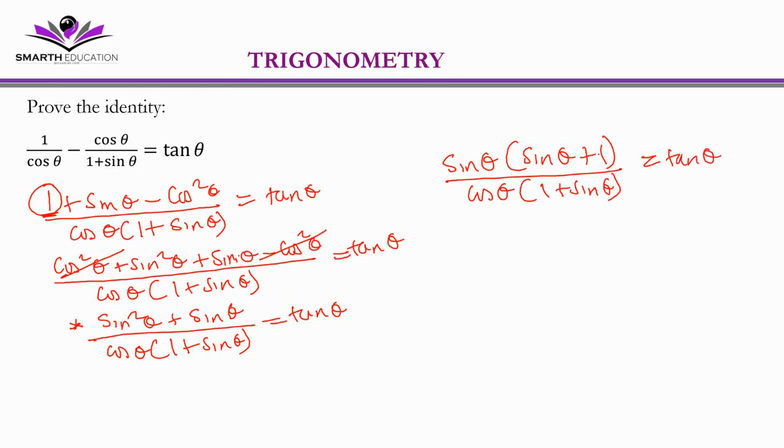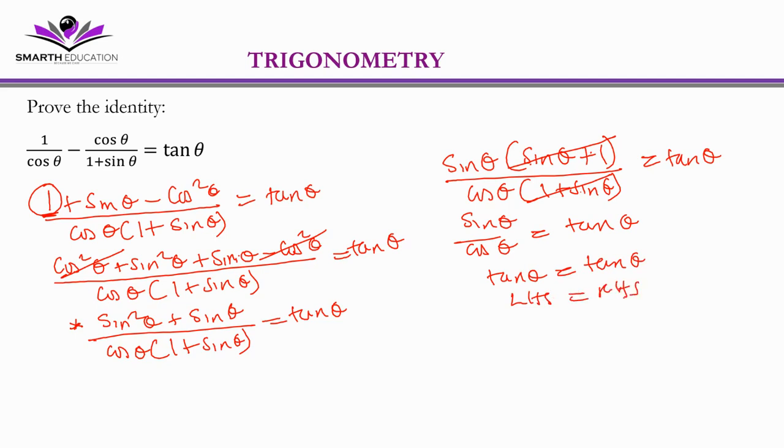We say that 1 plus sine theta and sine theta plus 1 is just one thing, so we can divide these two and get 1. Then we get sine theta over cos theta is equal to tan theta. Then tan theta is equal to tan theta. Left hand side is equal to right hand side. We have proved the identity. Okay.